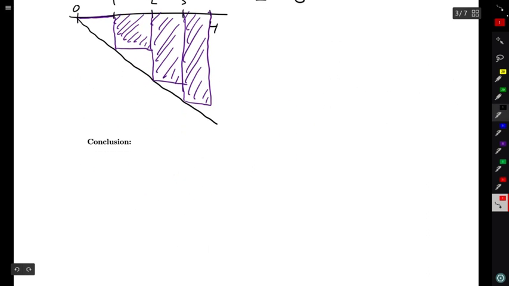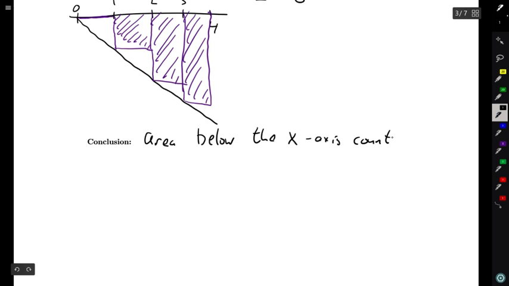And that, in fact, is going to be the conclusion here, which is that area below the x-axis counts as negative. Maybe that seems a little bit weird, but it is going to mean that the integral has much nicer properties than if we counted that area as positive.